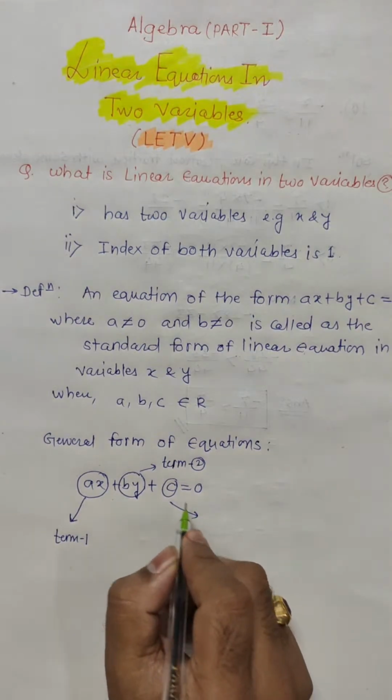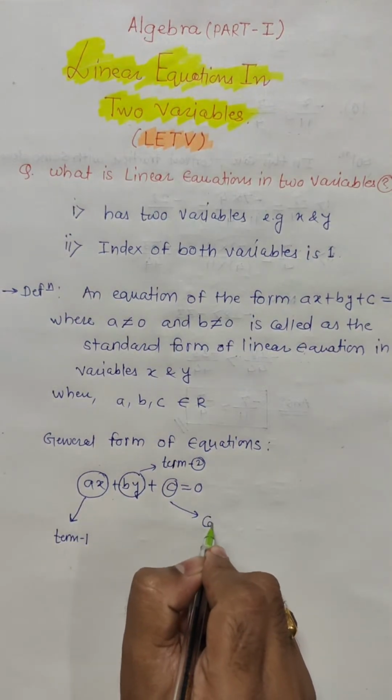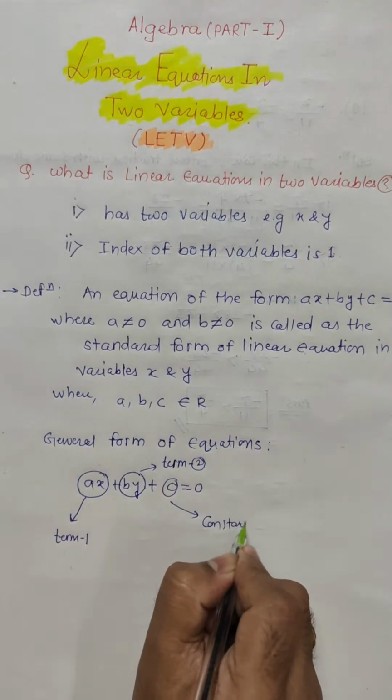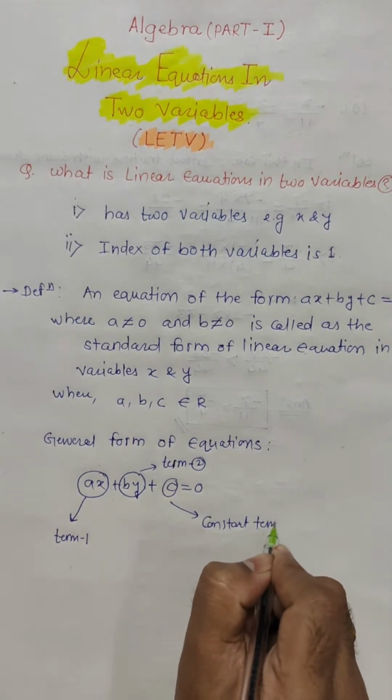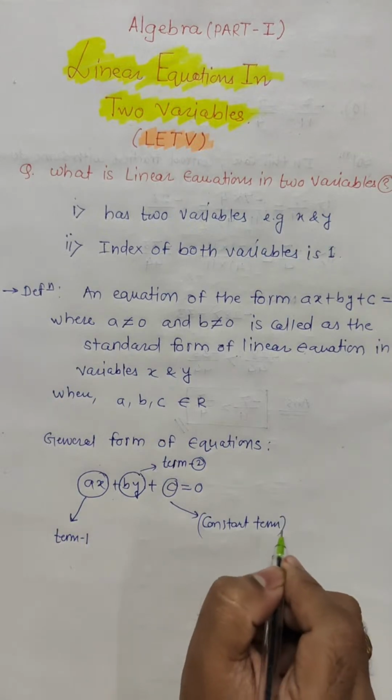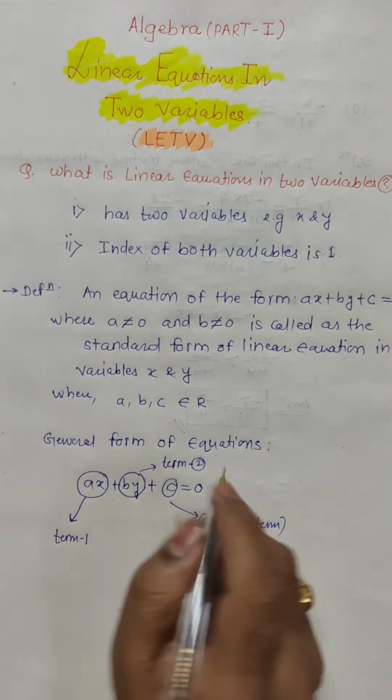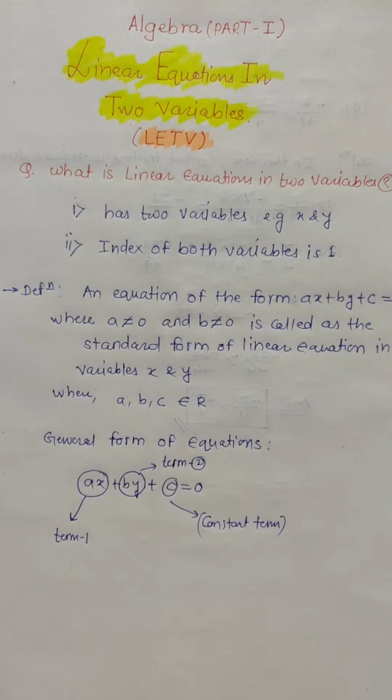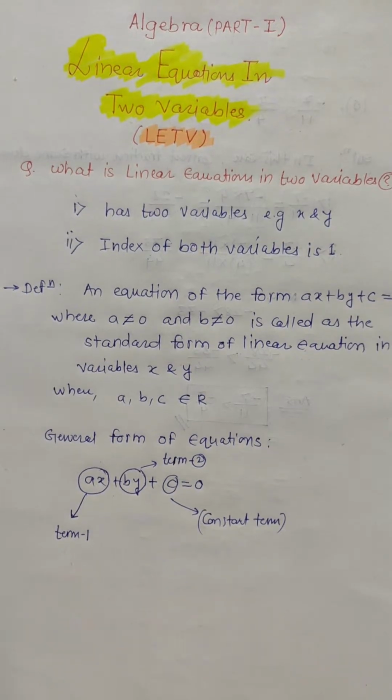In it, c is the constant term, and this will be 0. That's why the condition given in a linear equation in two variables is that a, b, c belong to R. R means the real numbers.